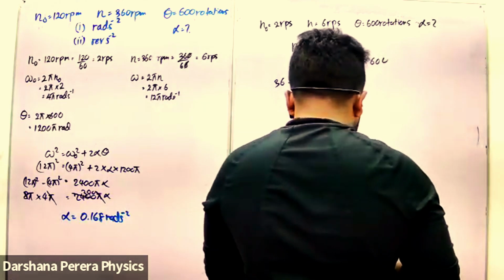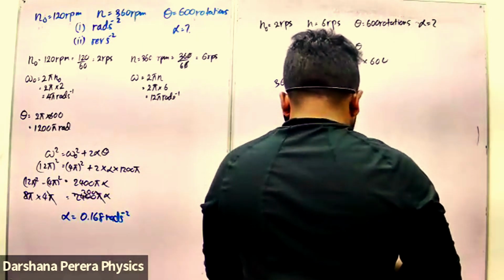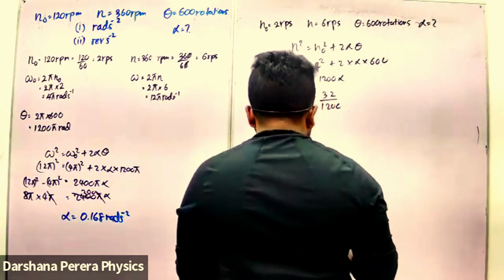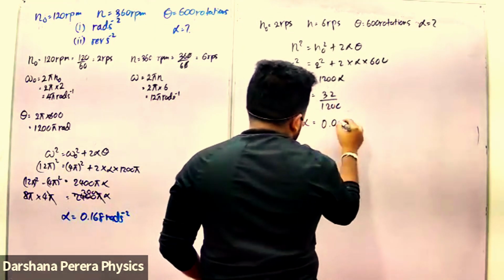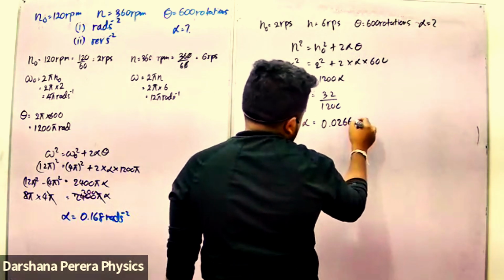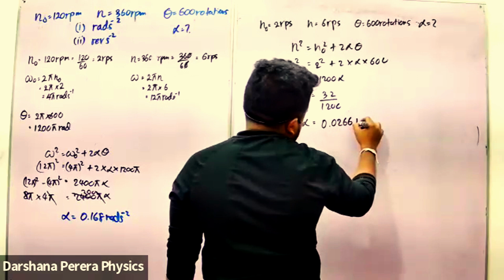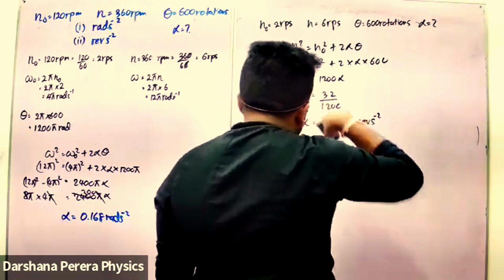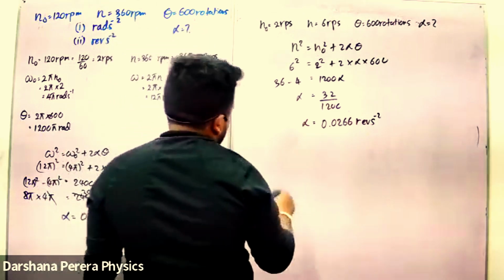This is 32 over 1200, that is 0.0267 revolution per square seconds. How to convert revolution per square seconds?